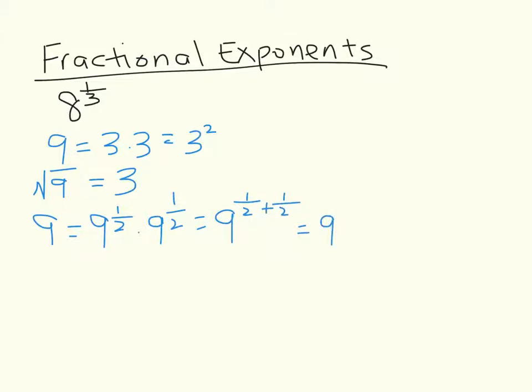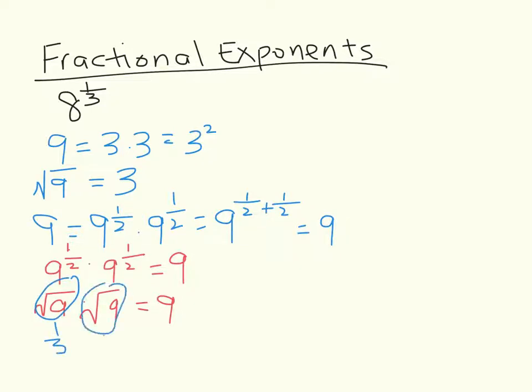And from this case we also know that 9 to the power of half times 9 to the power of half equals 9, and also the square root of 9 times the square root of 9 equals 9, right? Because this is 3 and this is 3, they give you 9.